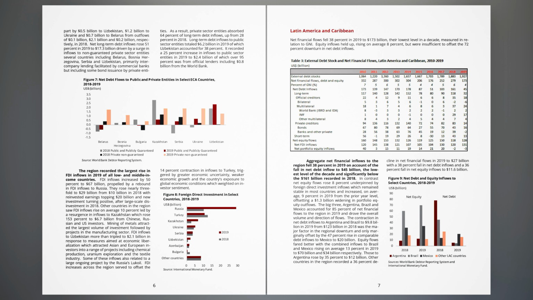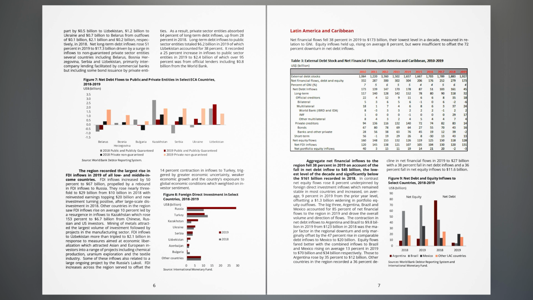The region recorded the largest rise in FDI inflows in 2019 of all low and middle income countries. FDI inflows increased by 50% to $67 billion, propelled by a rebound in FDI inflows to Russia. They rose nearly threefold to $29 billion from $10 billion in 2018, with reinvested earnings topping $20 billion and new investment turning positive, after large-scale disinvestment in 2018.